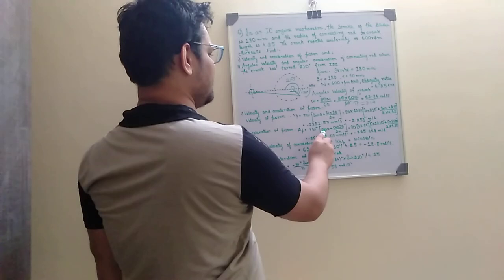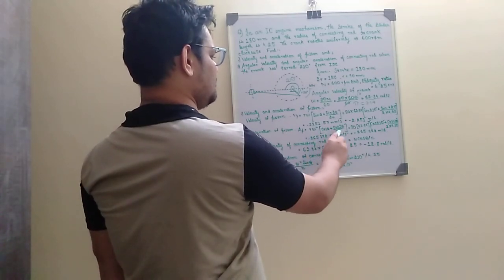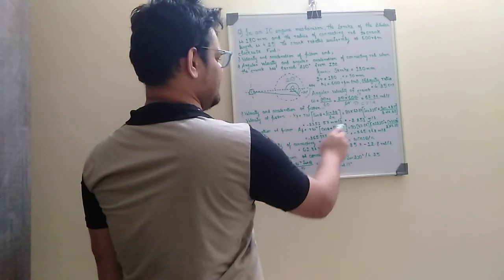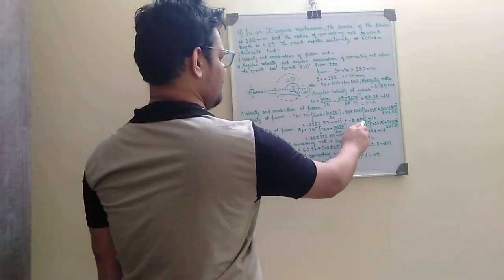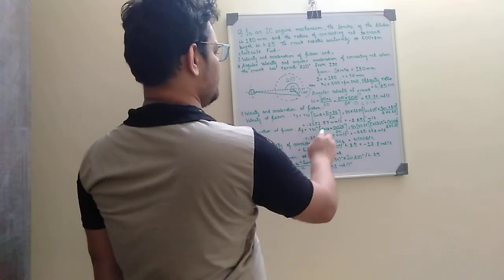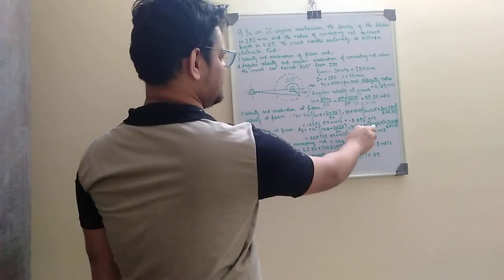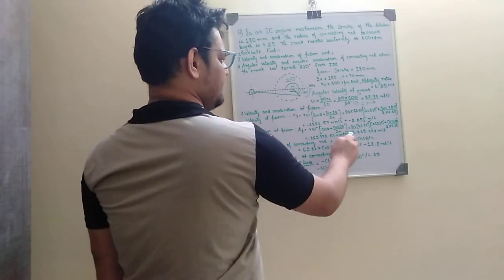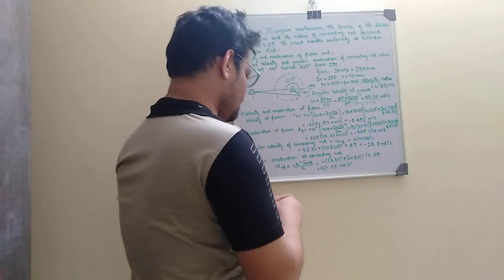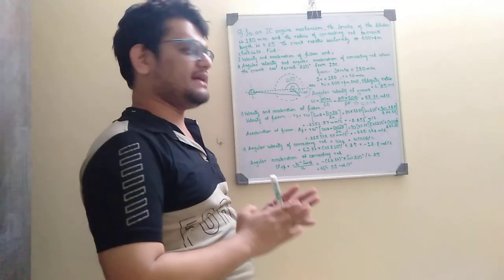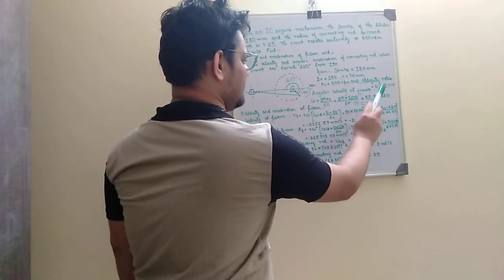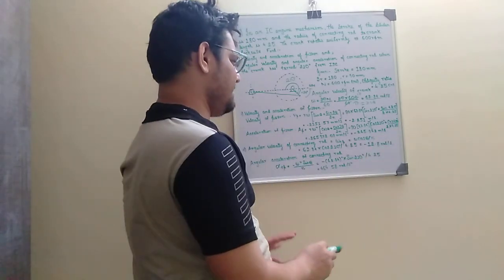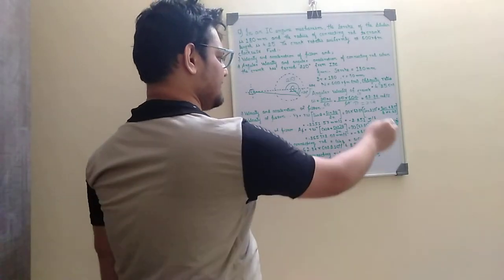Same thing, we put all the data into the formula for the acceleration of the piston, r omega square into cos theta plus cos 2 theta by 2n. r is 90, omega square is 62.84 whole square, where omega is the angular velocity of the crank, cos 210 plus cos 420 divided by 2 into 4.25. We individually calculate the values of sine 210, cos 210, sine 420 and cos 420 using the scientific calculator.